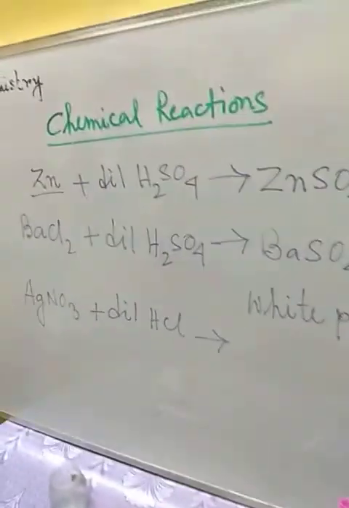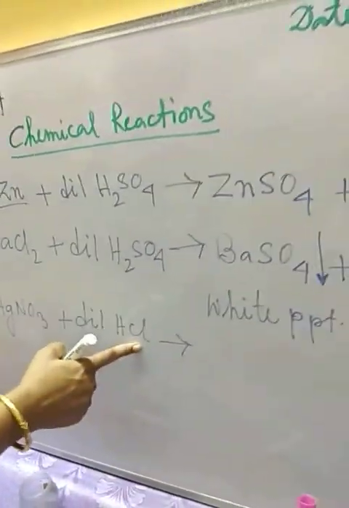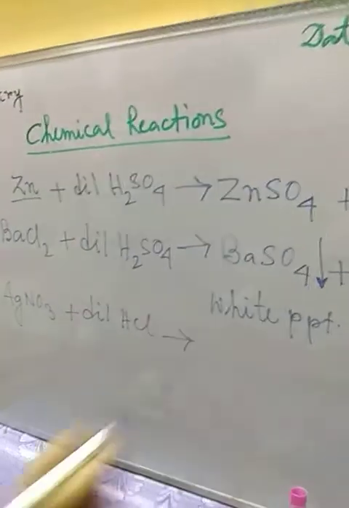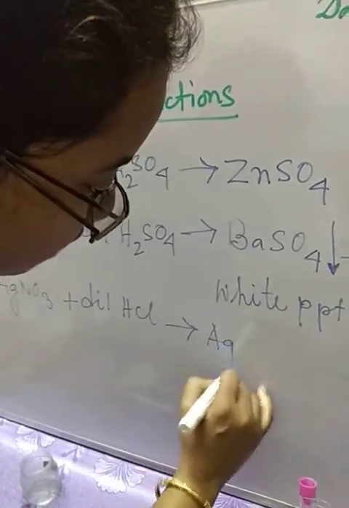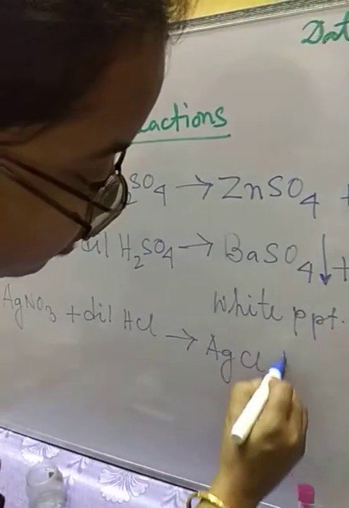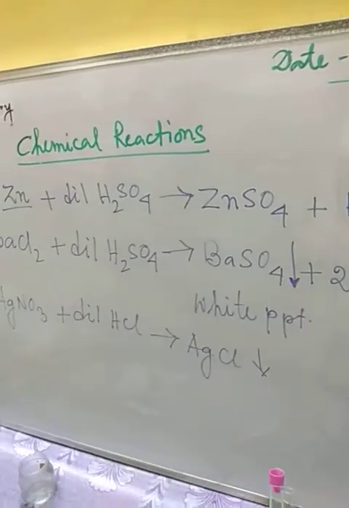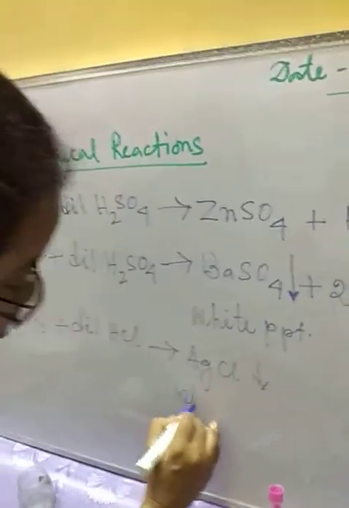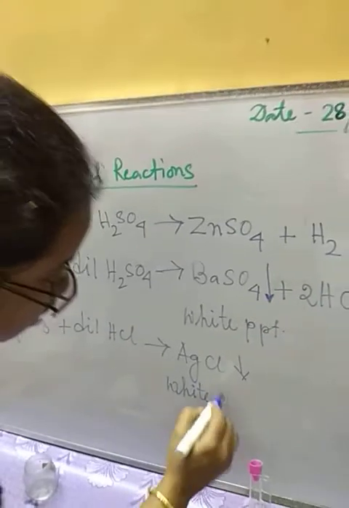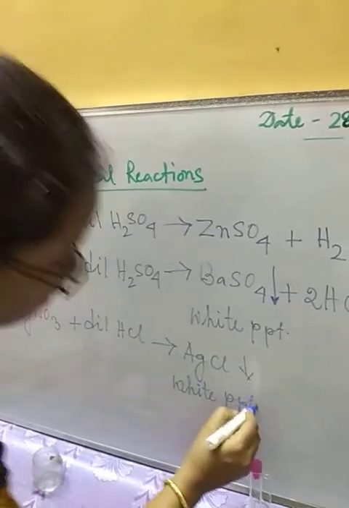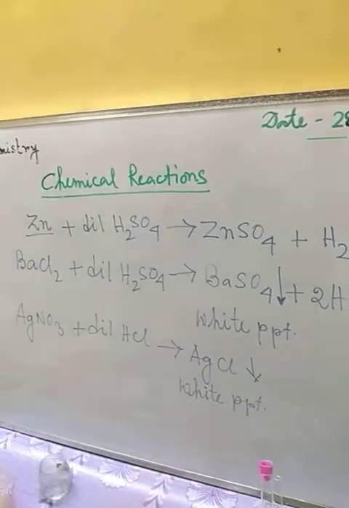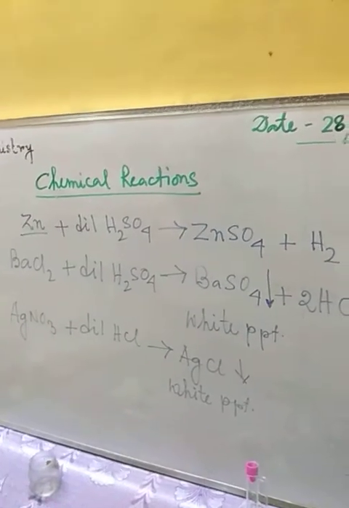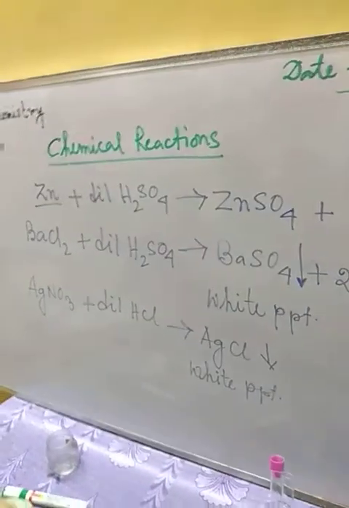So what we are going to get here: chlorine will add with silver, so we are going to get AgCl as precipitation. This also is a white precipitation, a white PPT of silver chloride, and this silver chloride will form a curdy white precipitation.